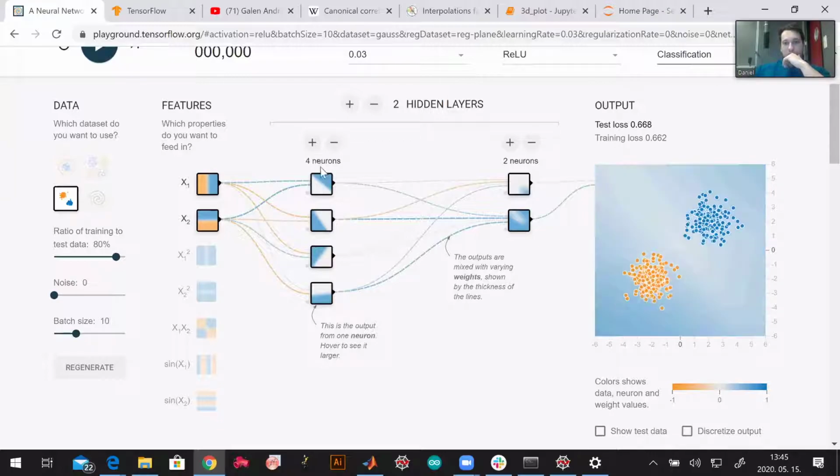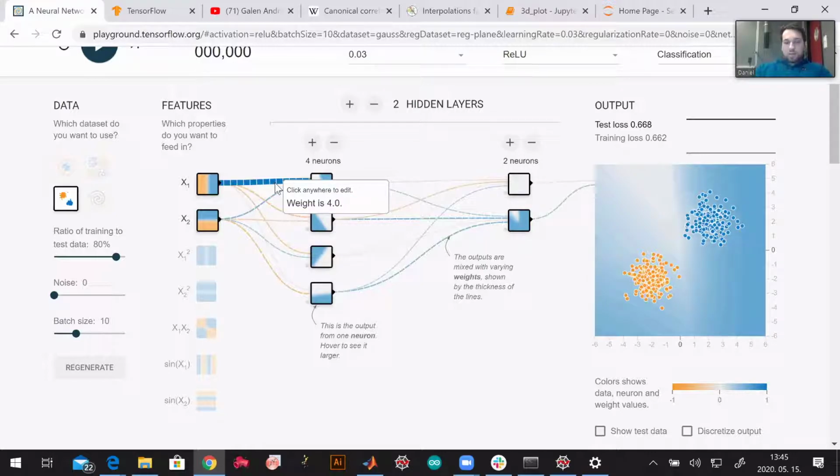If you click or move your cursor on one of these hidden layer neurons, you can see what the neuron outputs. And also, if you click on the connections, you see what the weight of that connection is, and you can tweak it. So you can see what happens if you, for example, make this weight bigger.